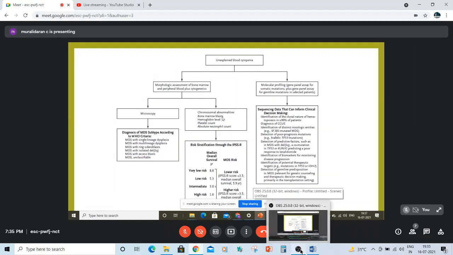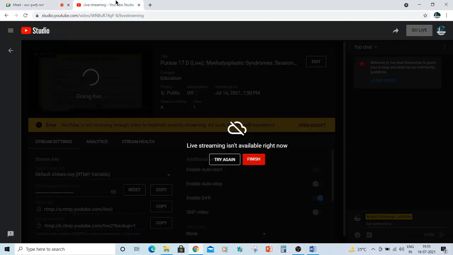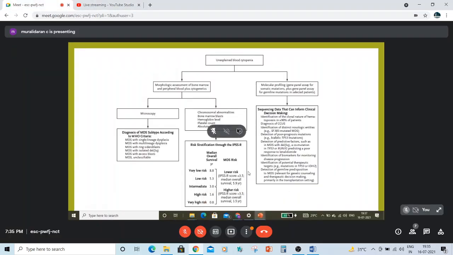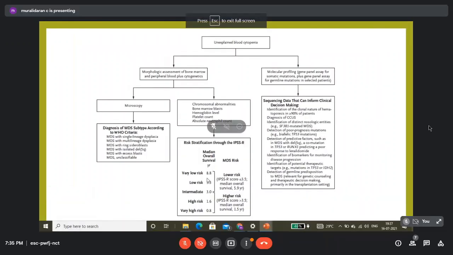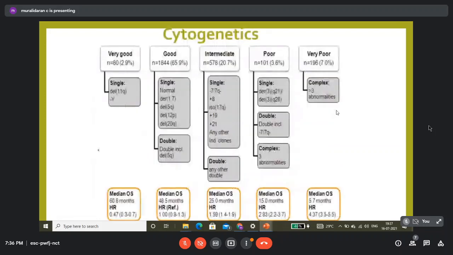At the same time we look at the IPSS-R criteria, which has 5 categories: very low risk, low, intermediate, high risk, and very high risk. Additionally, the fourth step is to look for a molecular panel. In some cases it might be very useful for prognosis as well as for diagnosing the case.